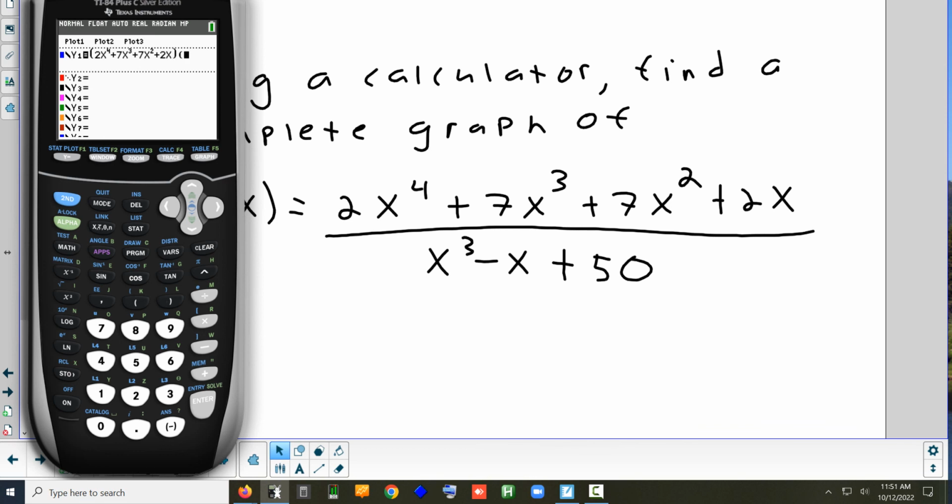I'm going to divide that by x cubed minus x plus 50. Okay, I'm going to start with root 6. Just see what it looks like.